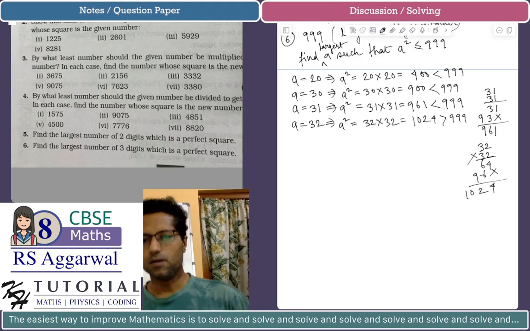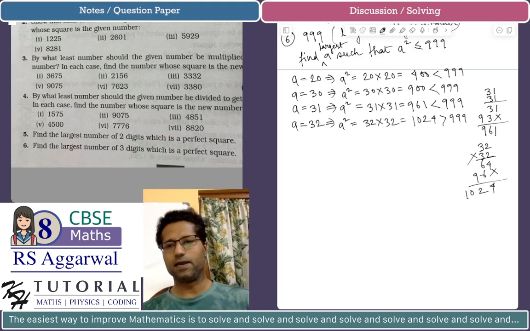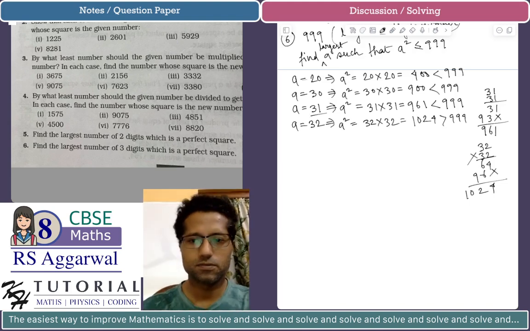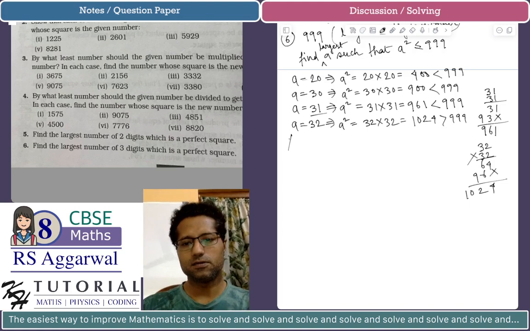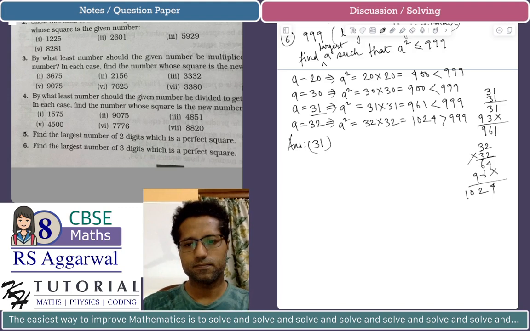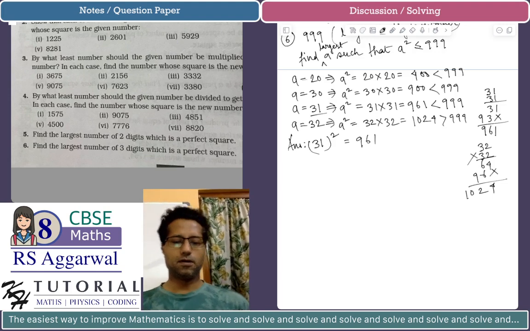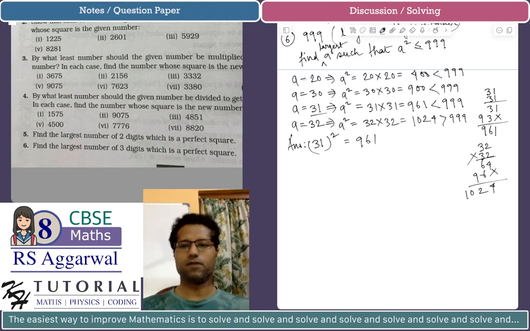So the maximum a that we can have, so that a square is less than or equal to 999, is 31. So definitely the answer is 31 square, which is 961. So 961 is the largest 3-digit number which is a perfect square.